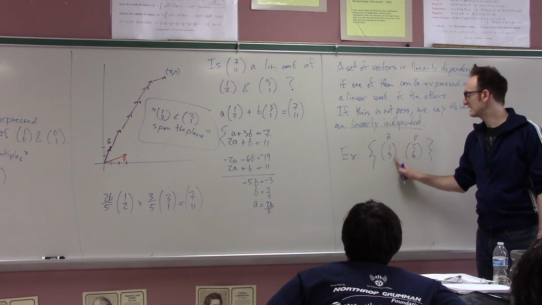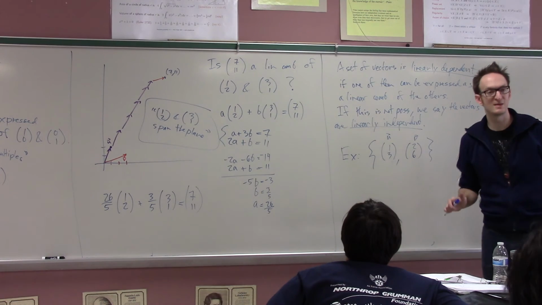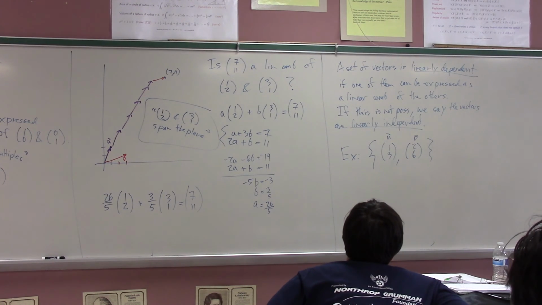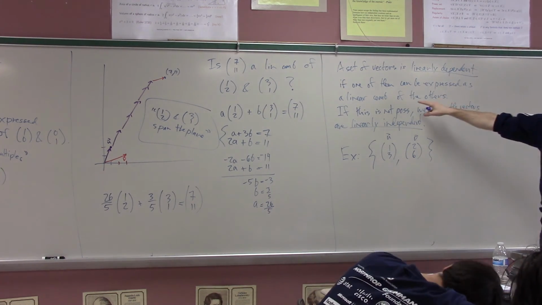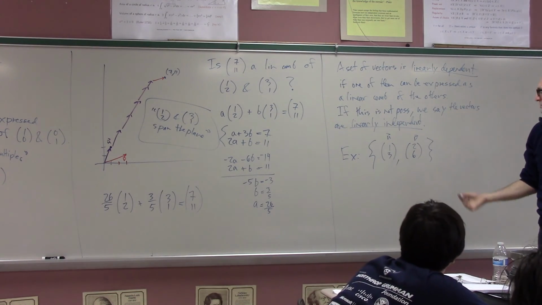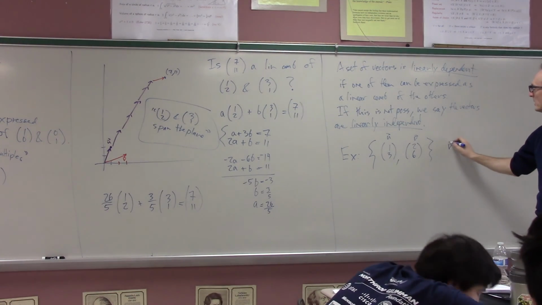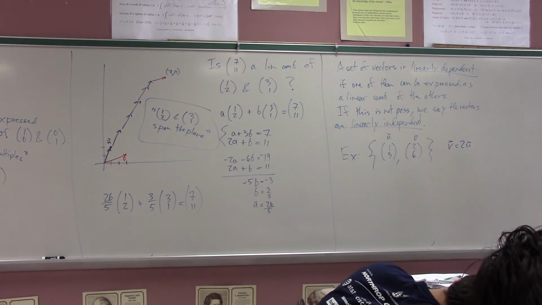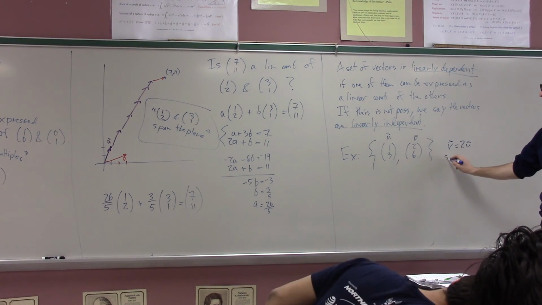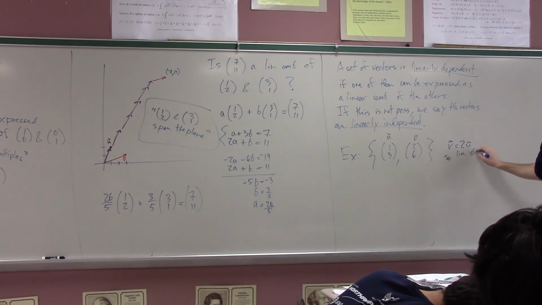Is this set of vectors linearly dependent or linearly independent? Dependent. A set of vectors is linearly dependent if one of them can be expressed as a linear combination of the others. Well, v is just 2u. So, of course, these two are dependent. So this set is linearly dependent.